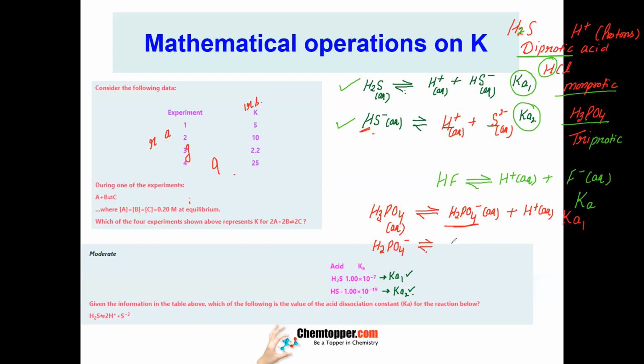The charge will increase because you are removing H plus. So whatever number of H plus you remove, that much negative charge you have to add.